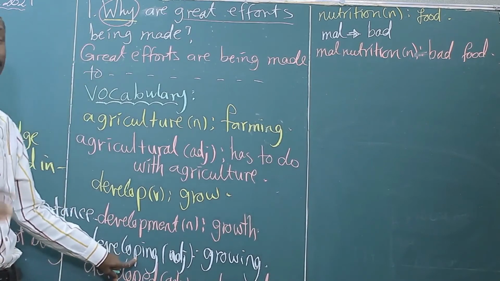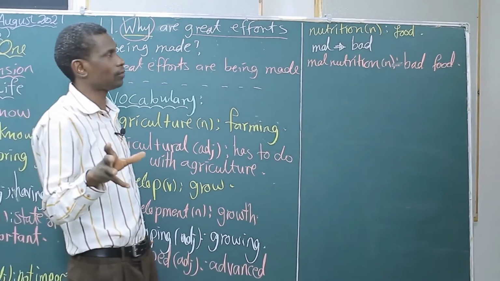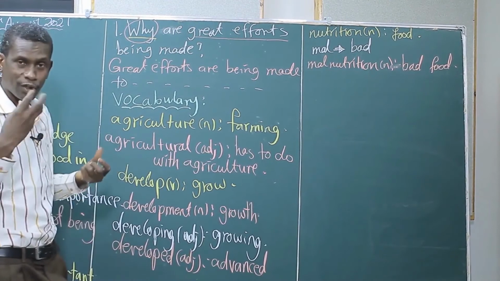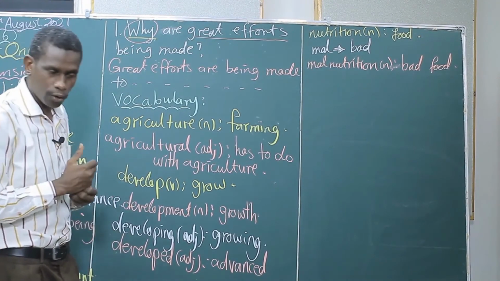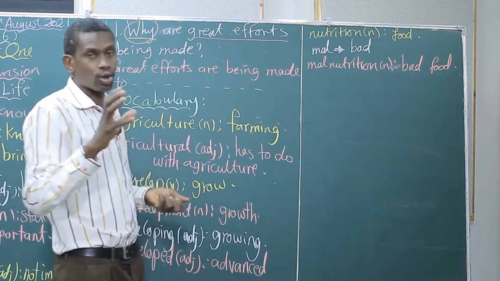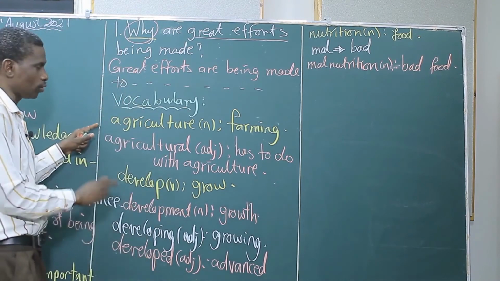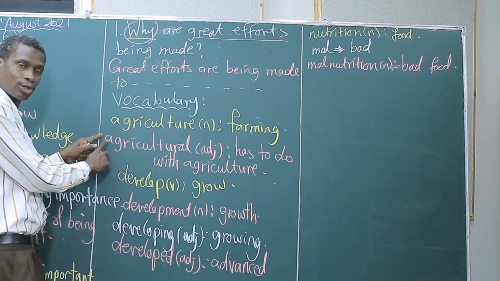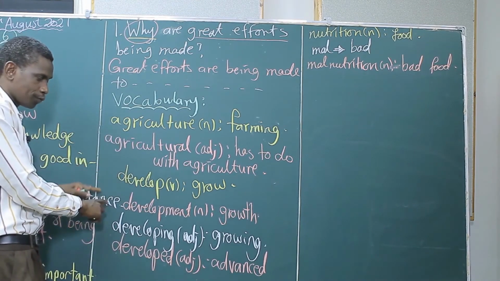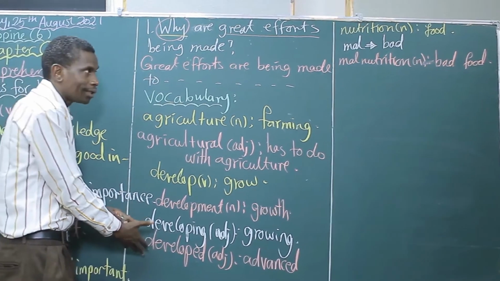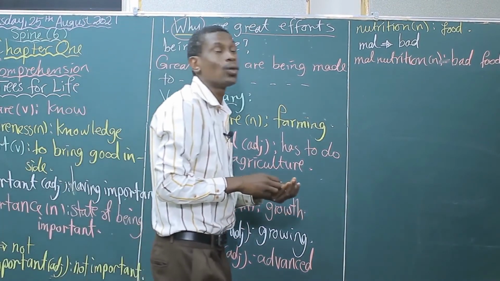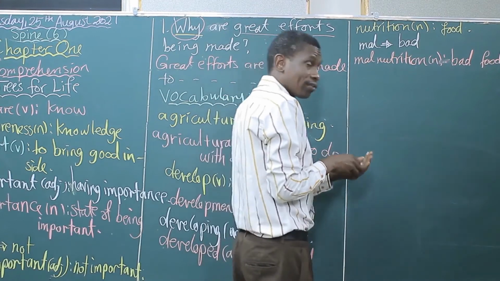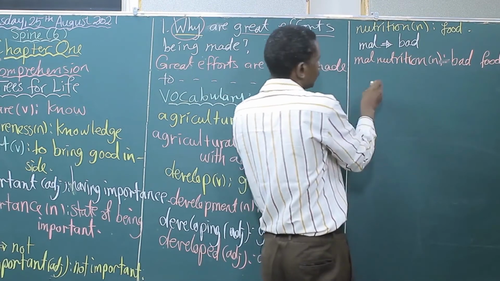Meanwhile, developing ING means third world countries. So developing countries are not developed countries. So you study this vocabulary carefully: agriculture, agricultural, developed, development, developing, nutrition, malnutrition, and then you got to answer this question. Read the third paragraph and answer this question.